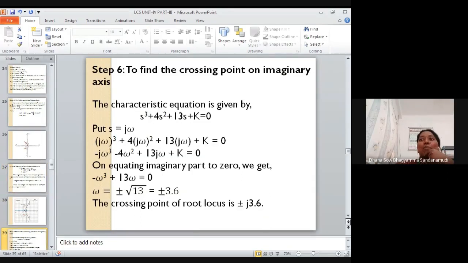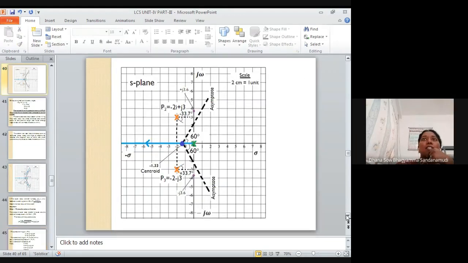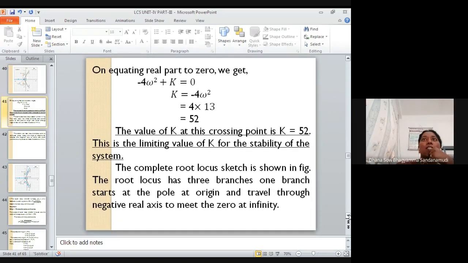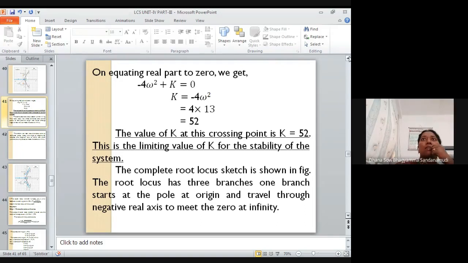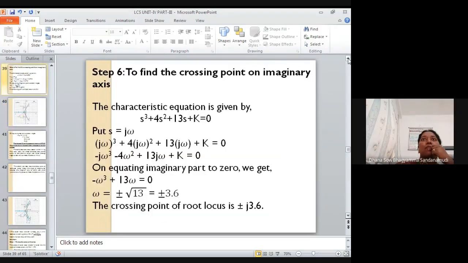S into S square plus 4S plus 13 plus K equal to 0.